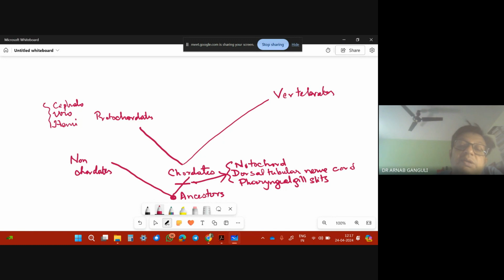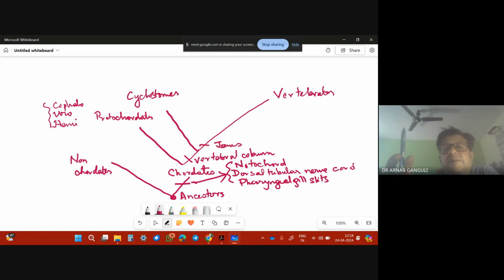Then there came the next character, which is the vertebral column. You have the vertebral column coming over here. And then this is the primitive offshoot, the cyclostomes. Then you have the jaws coming, right?